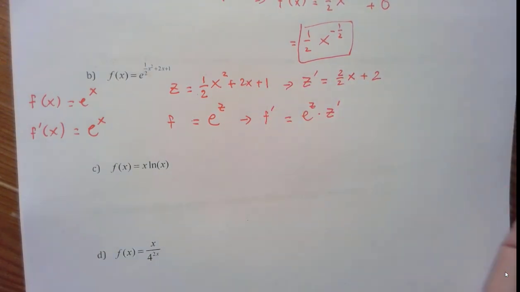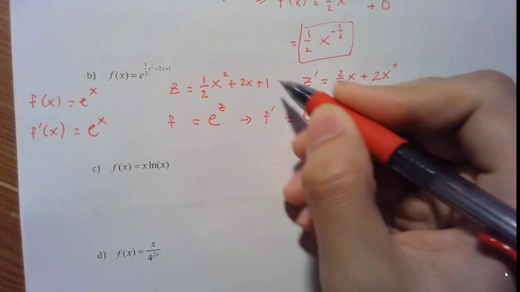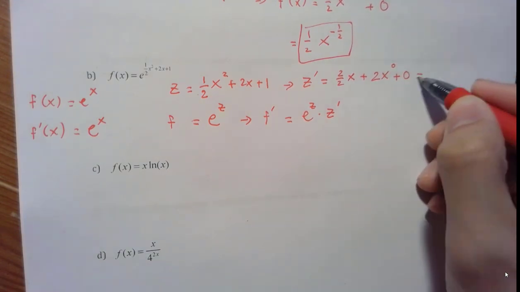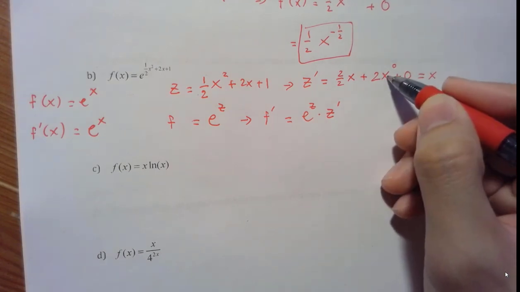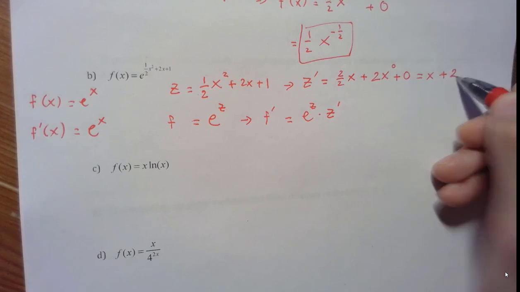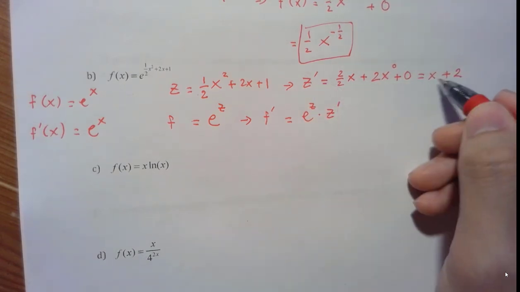Subtract 1 from that, which is x to the 0. And the constant, when you take the derivative, should be 0. And simplify that, x to the 0 is 1, so we have 2 here. So plus 2. Okay, so z prime is x plus 2.